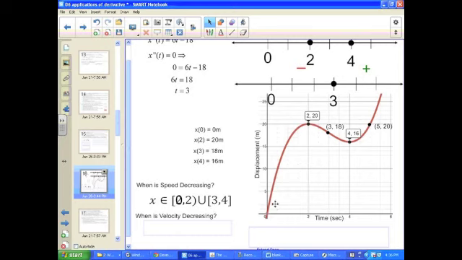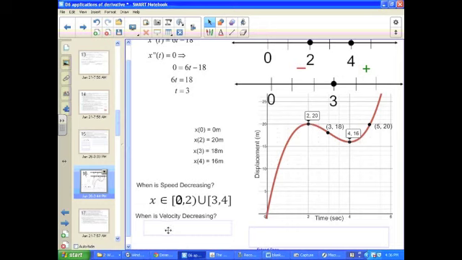So again, if you just look at the graph, what we can see is that the object was slowing down as it moved away from the origin. And here, the object was slowing down as it moved towards the origin. So when we're talking about speed, I don't care whether we're going away or towards. The idea is, is it going faster or slower?